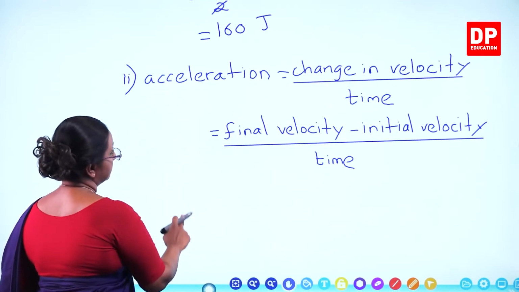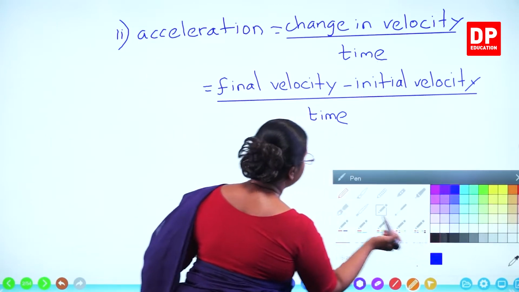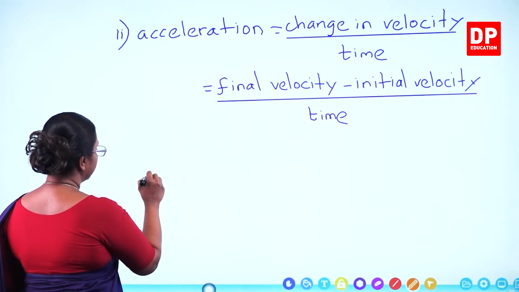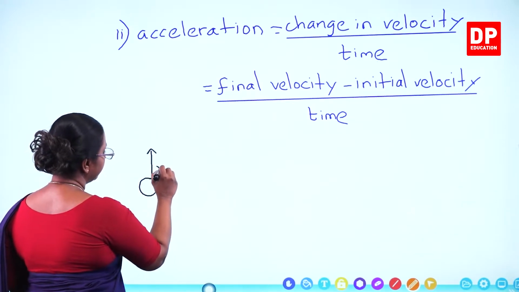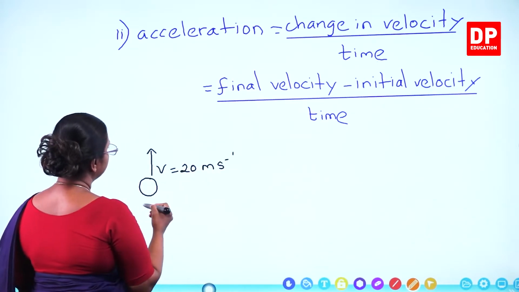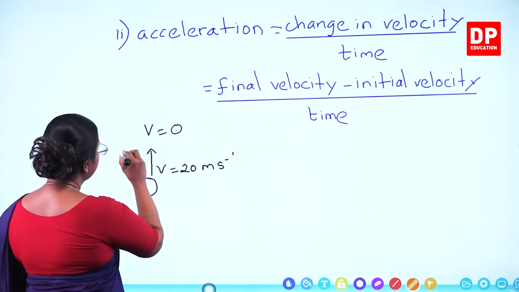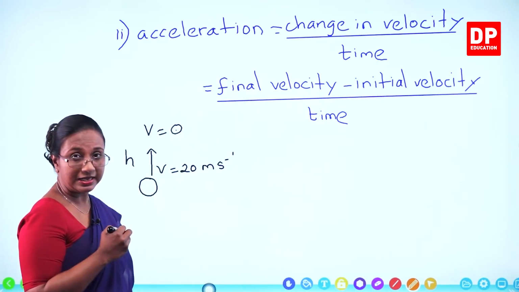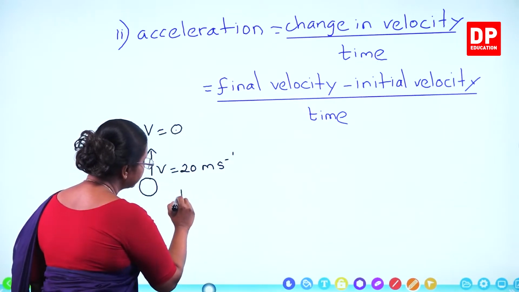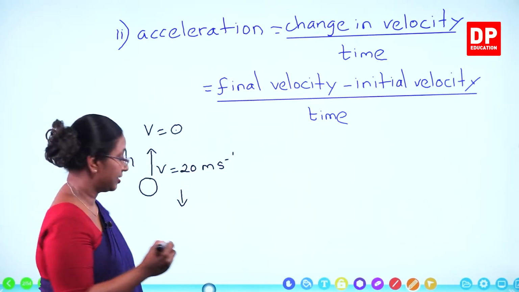So here, students, you all can remember, now the object is here. It is moving upwards with a velocity of 20 meters per second. And here the velocity will become 0. And that is going to be the maximum height. And when this happens, since the gravity is acting downwards, it's going to be deceleration.